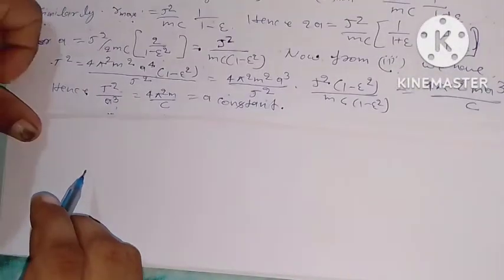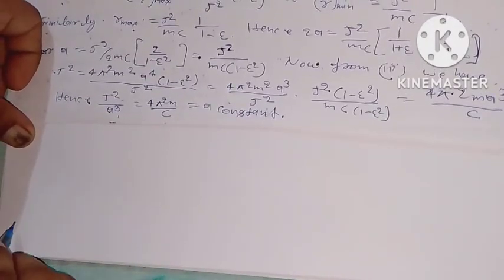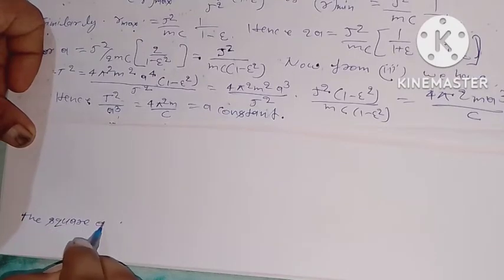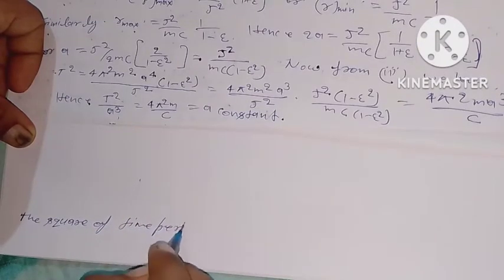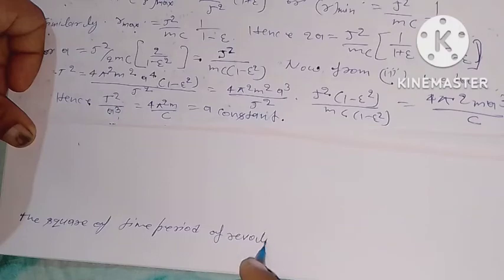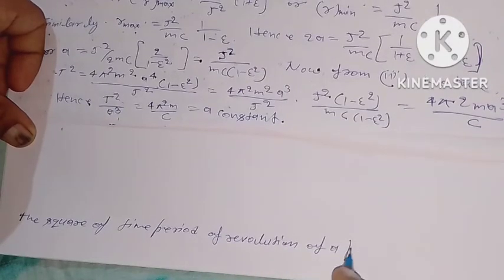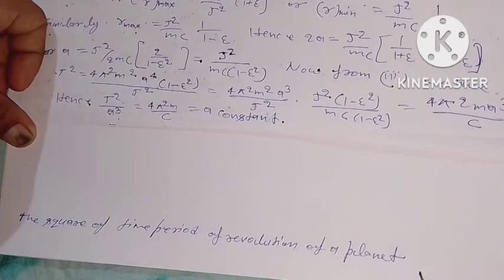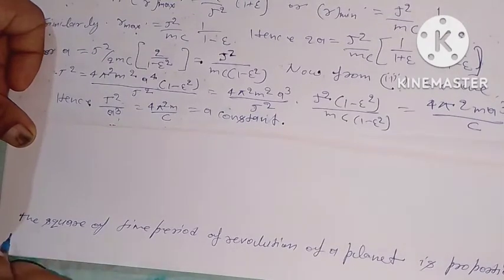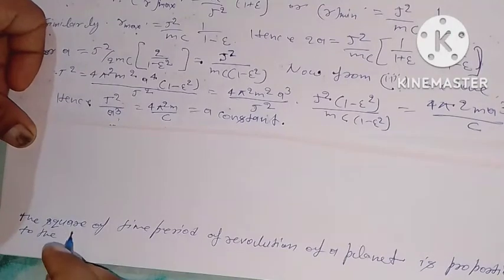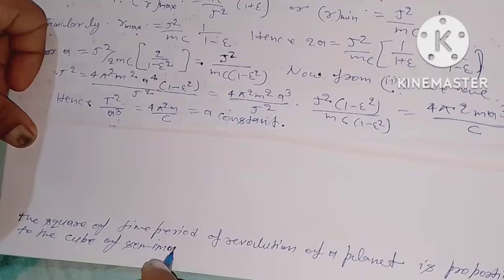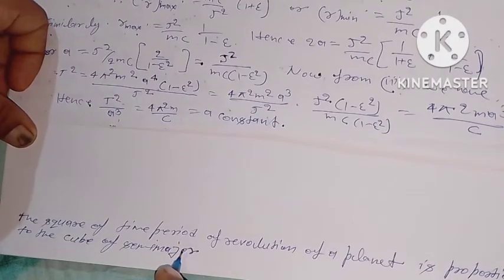The square of the time period of revolution of a planet is proportional to the cube of the semi-major axis of the orbit.